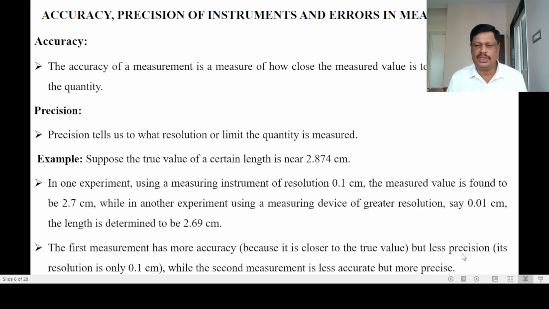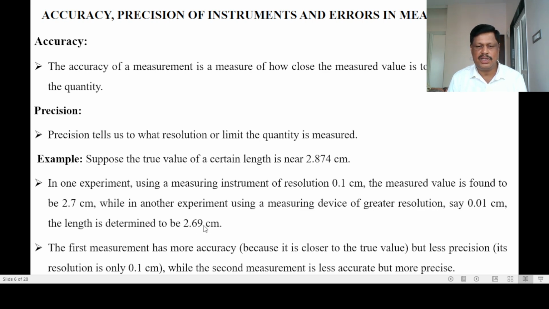But it has less precision, because it was measured up to the first decimal point only. Its resolution is only 0.1 centimeter. While the second measurement, 2.69 centimeter, is less accurate but more precise, because it is measured up to 2 decimal points, say 0.01 centimeter.